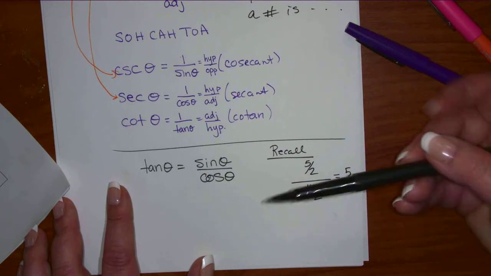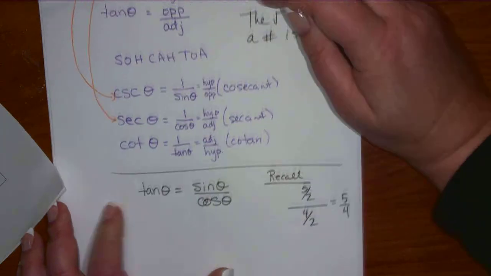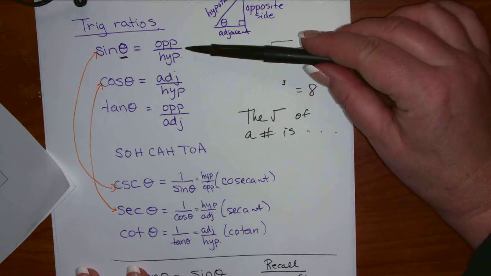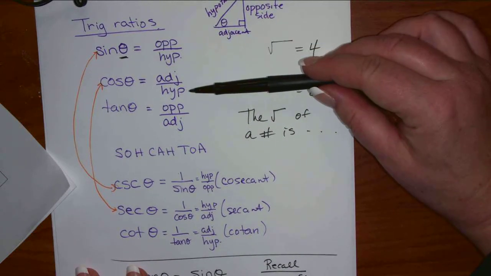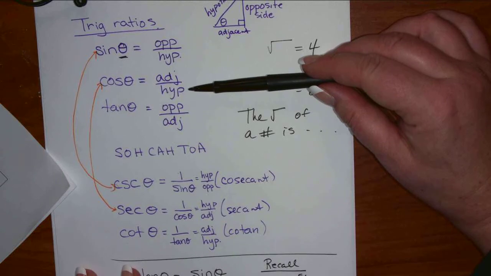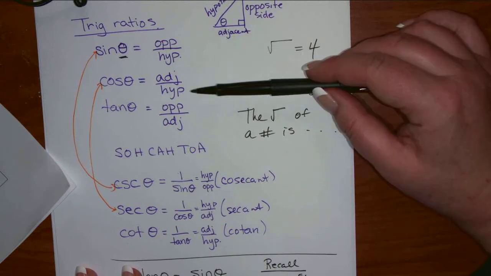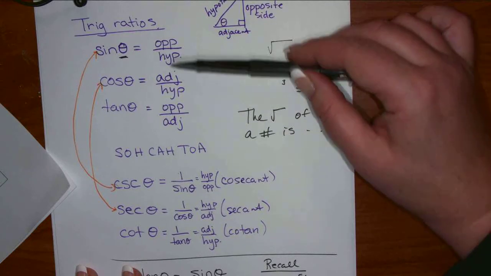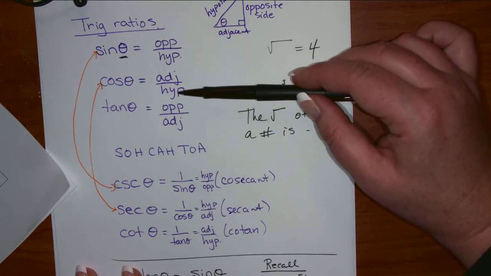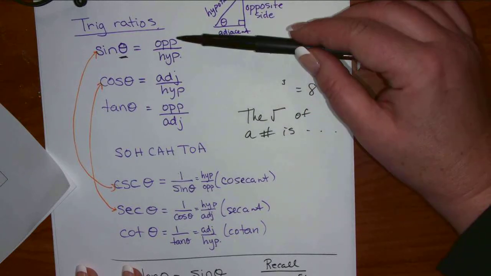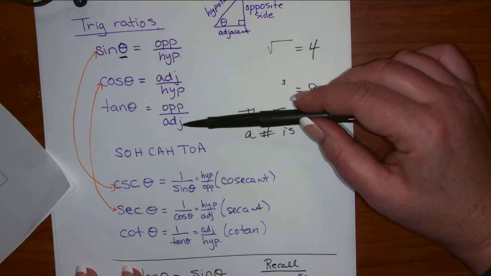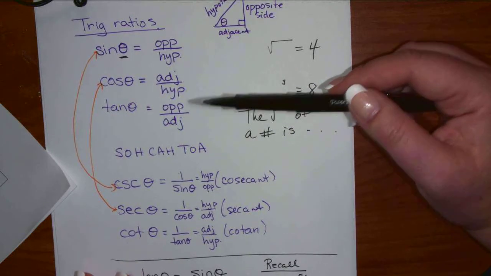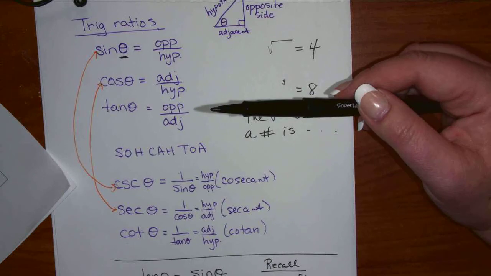Look up here. Let's go back up. Here's sine, and here's cos. And I'm telling you that tan is those two divided. Sine over cos. Look at the fraction. What's the same about them? They're both over the hypotenuse. That cancels. So it's equal to opposite over adjacent. You see it? Yeah. I use that all the time, because if you know sine and cos, then you just divide them.